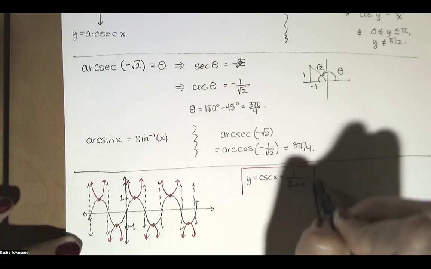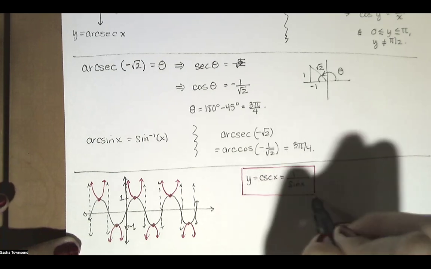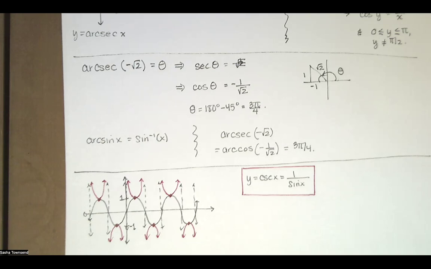So this is our function, the cosecant function. And again, we take a restriction of the cosecant to make it invertible in order to find an arc cosecant. And that's relatively easy to do.